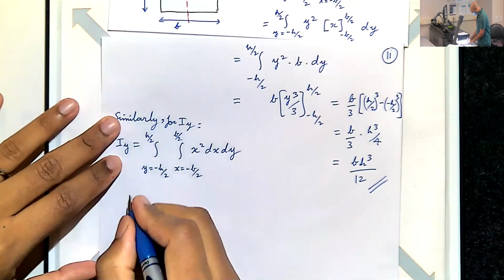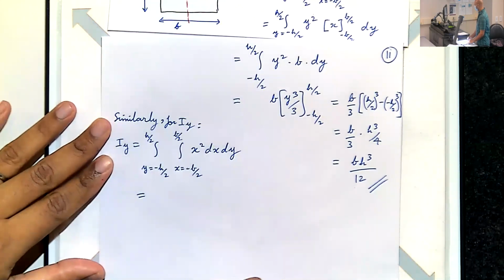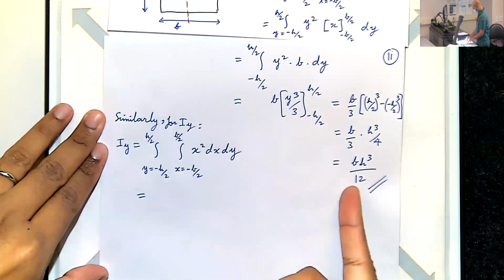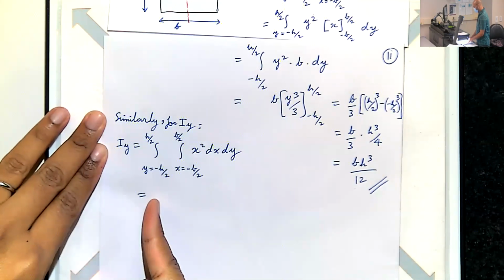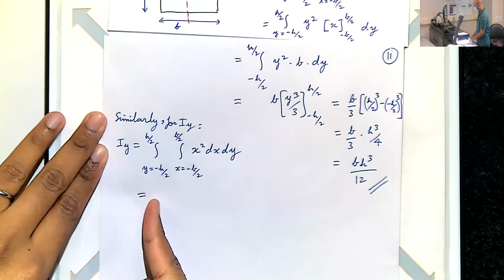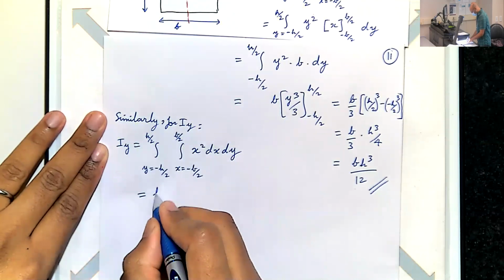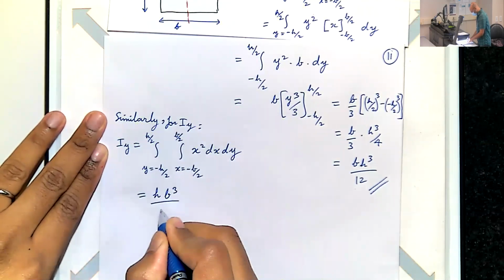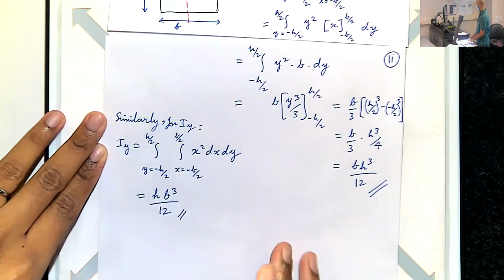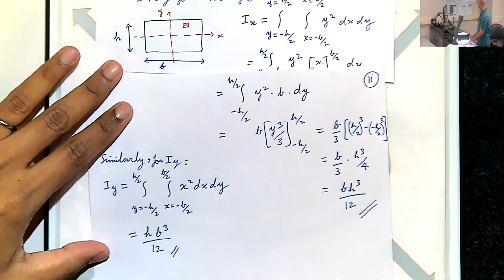When you evaluate this, what will you get? Instead of b h cubed over 12, what do you get instead? Yeah, h b cubed over 12. All right, so we have h b cubed over 12. It has to be symmetric, right?